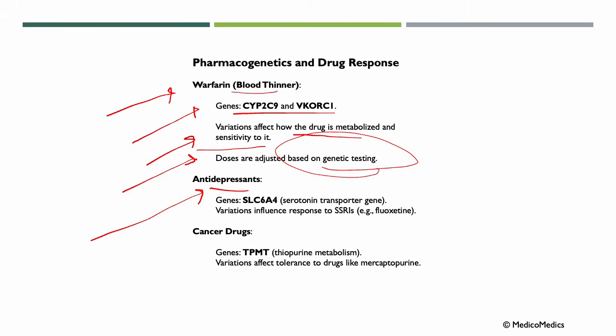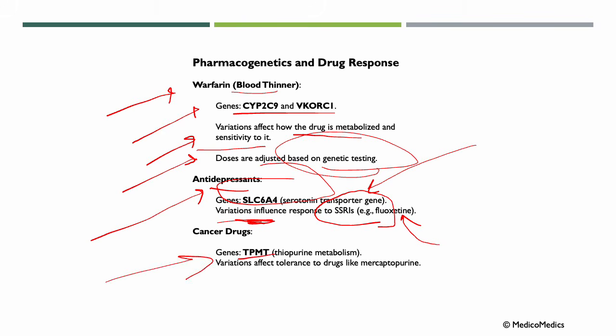When we talk about antidepressants, if you have the gene SLC6A4, which is a serotonin transporter gene, variations of this gene will influence the response to selective serotonin reuptake inhibitors like fluoxetine. In cancer drugs, for example, you have the gene TPMT, and variations in this can affect tolerance to drugs like mercaptopurine.